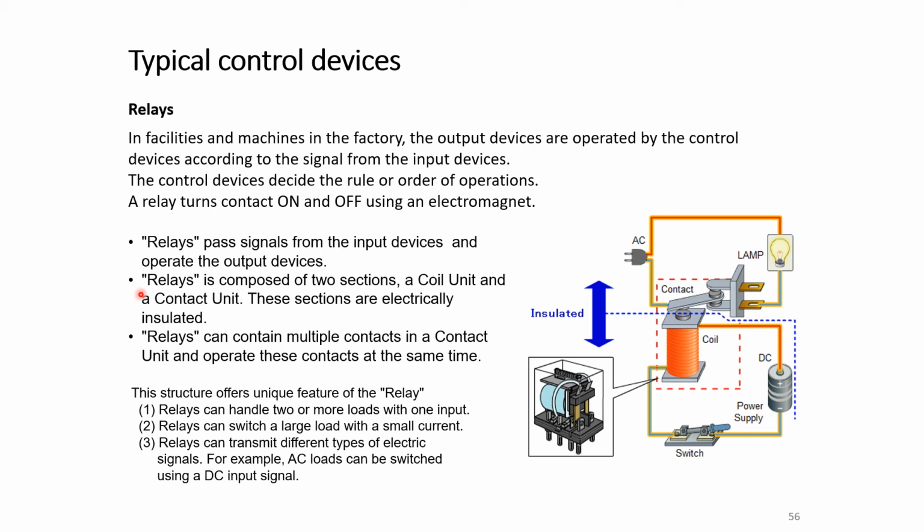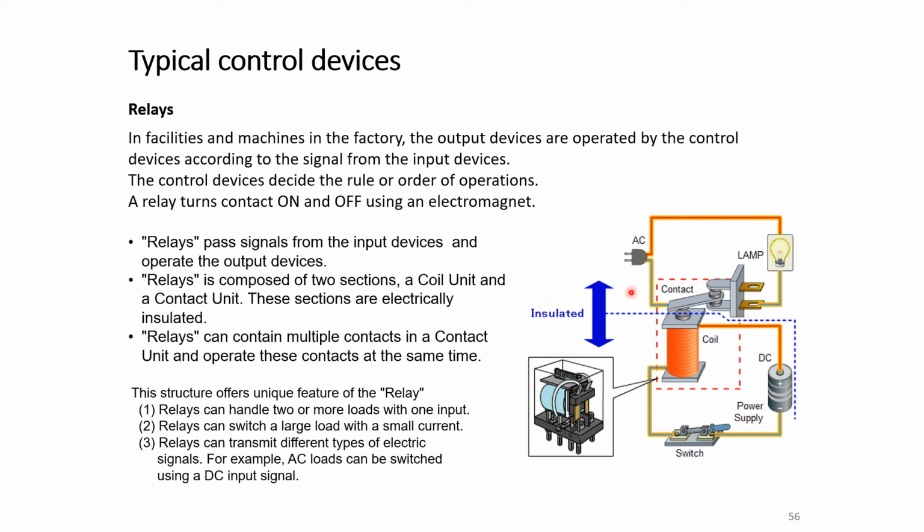A relay is composed of two sections, a coil unit and a contact unit. These sections are electrically insulated. So we have a coil unit here and we have a contact unit. All this part you see in this dashed line triangle could be considered the relay.